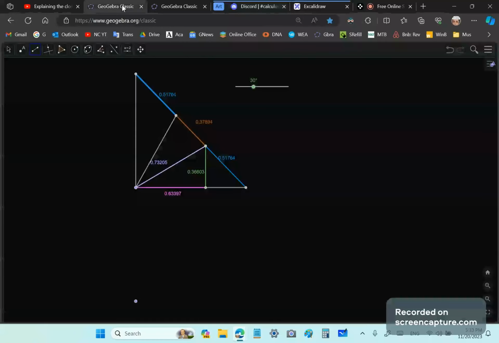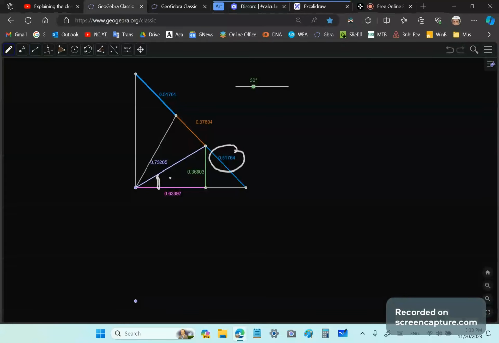So this length here would, in fact, be 30 degrees, but we don't refer to it like that. We just refer to it as this particular angle. There's no need to do this because we're not considering the circle any longer.